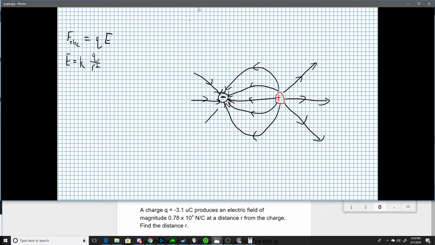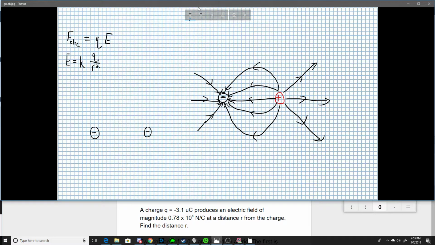All right. The big thing though is when we're drawing these lines, essentially you draw them away from the positives and towards the negatives. The other thing we need to know when we diagram these electric fields is that the closer together or the more lines we have coming out of a charge, essentially the stronger that charge is. So essentially, let's look at two negative charges.